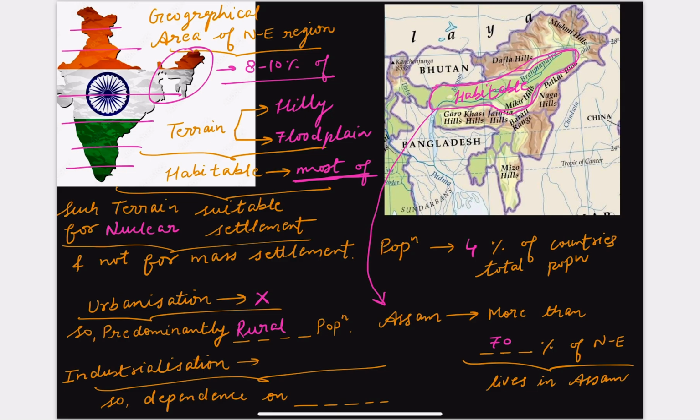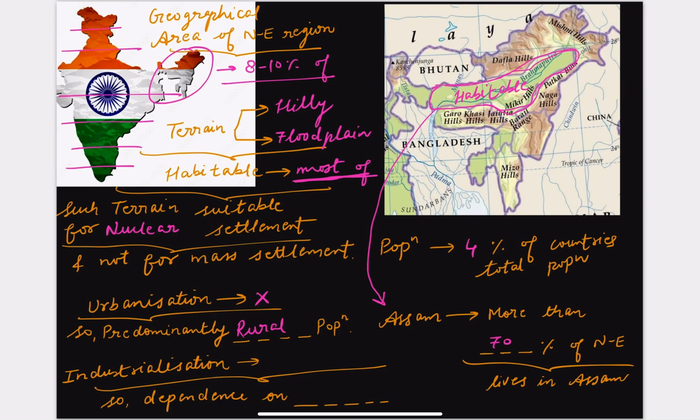So in comparison to the geographical area, population is very less, and population is predominantly rural. Why? Because mass settlement is not possible in the hilly areas, so urbanization is not possible. Urbanization has not happened here. Now you can see that the area is also hilly and there is so much floodplain over there, so investment has been very low and urbanization has not happened.